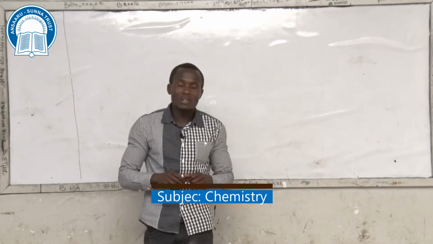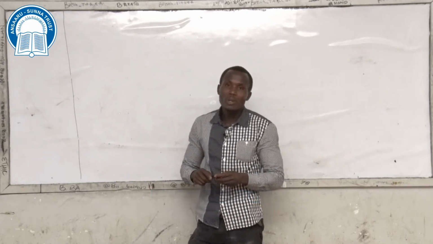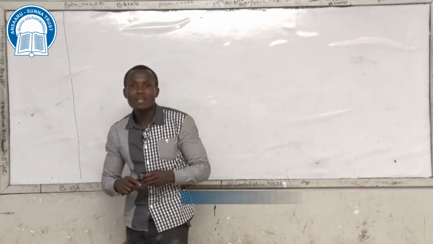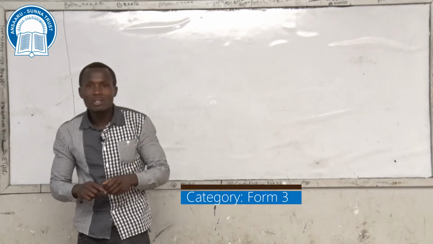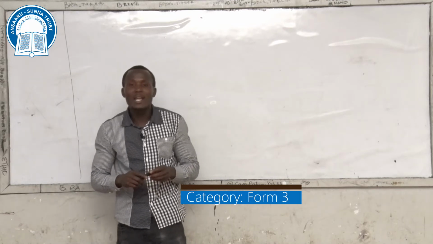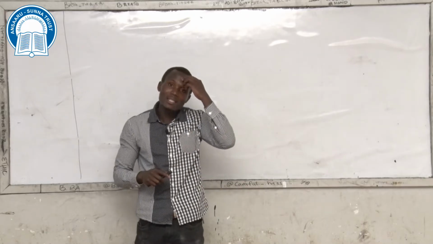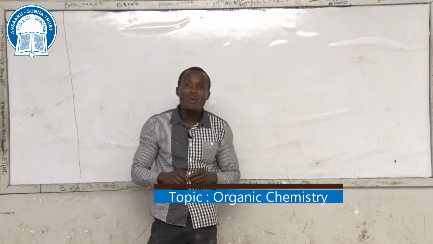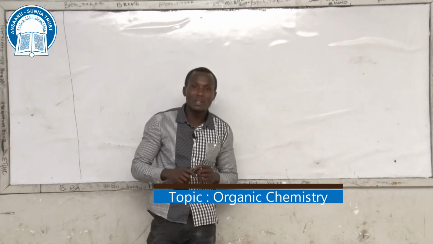In the previous lesson, we started with the introduction and we looked up to alkanes, and we were supposed to start on rules when it comes to naming of alkanes and isomers, where we said that alkanes have one type of isomerism, which is branching isomerism.